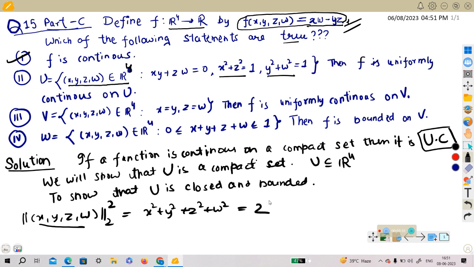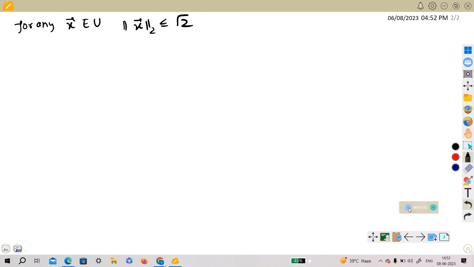So it's a bounded set. As we show, for any vector x belongs to U, the way U is defined, the norm of x is root 2. Thus, U is a bounded set.